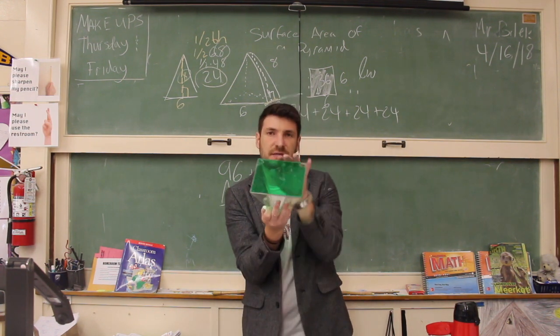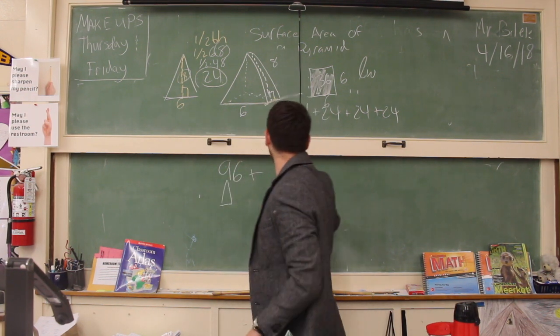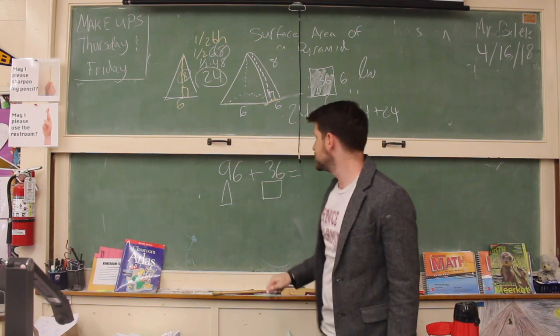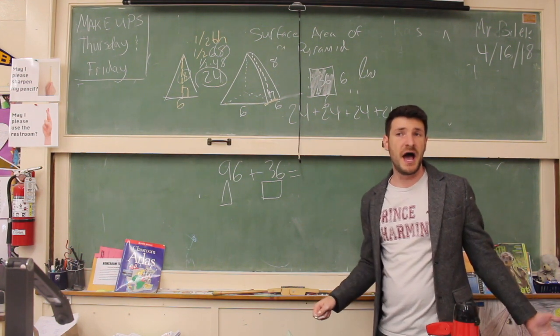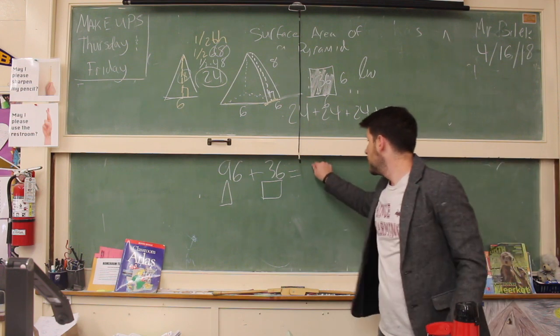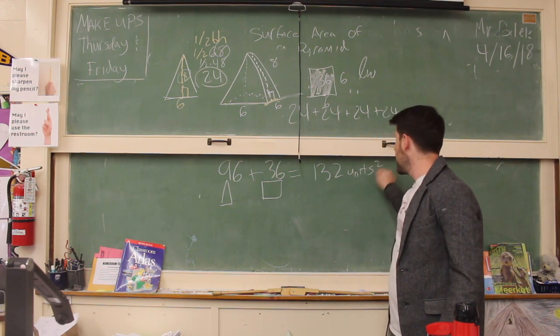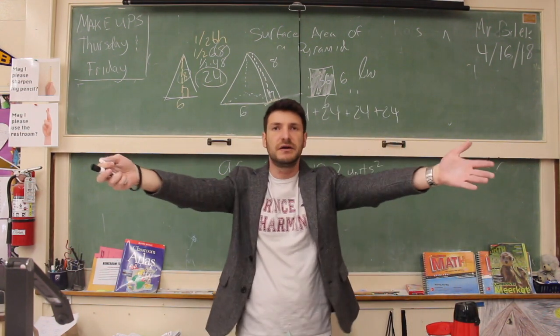So my 96 in all 4, my square bottom of 36, and I end up with a total surface area of 132 units squared.